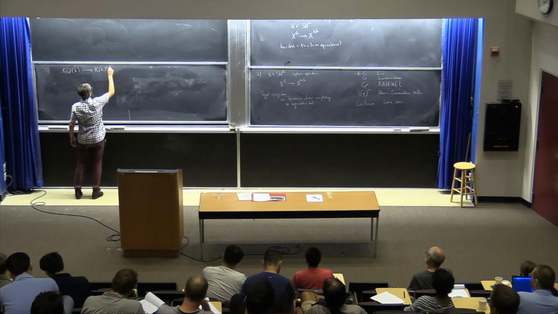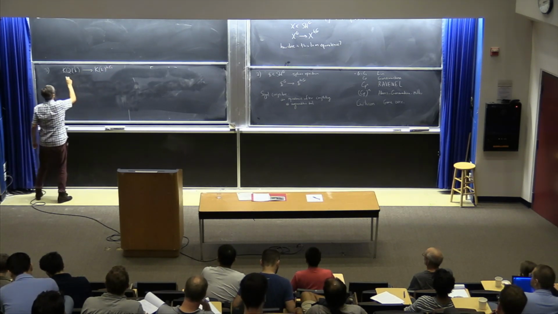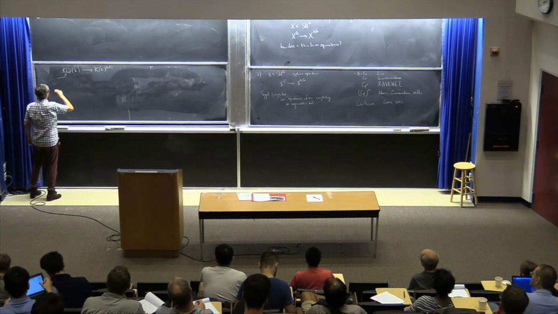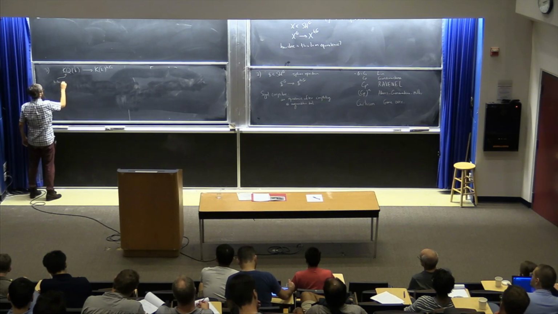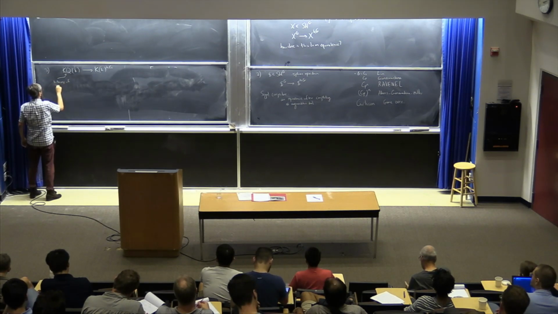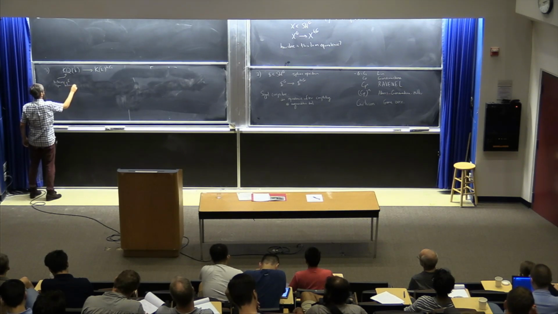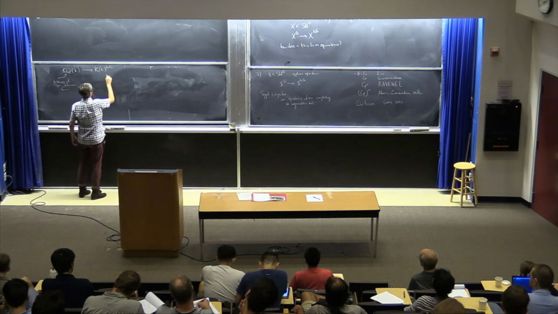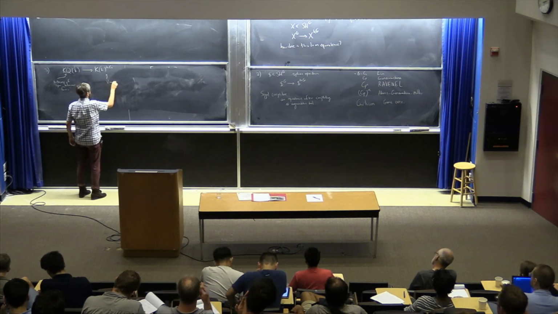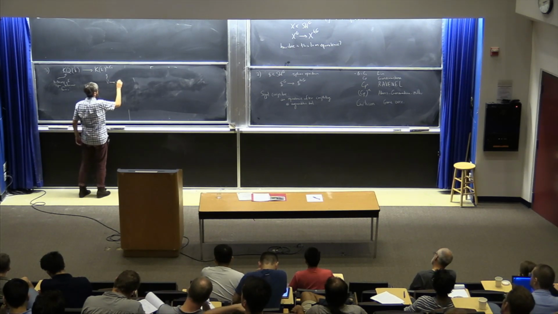So here K is a nice field. This is the K-theory of symmetric bilinear forms. And here we have the action given by just sending V to its dual.